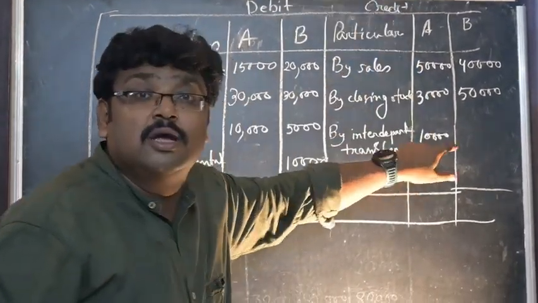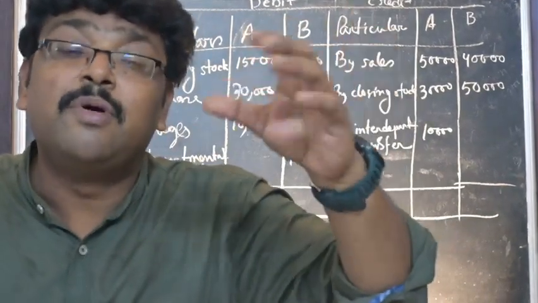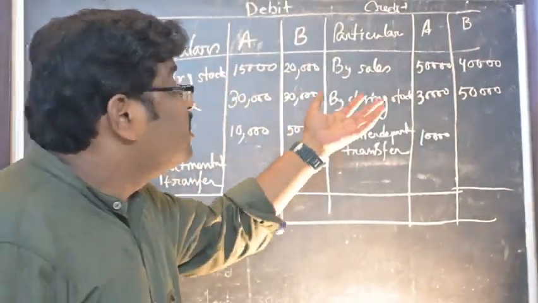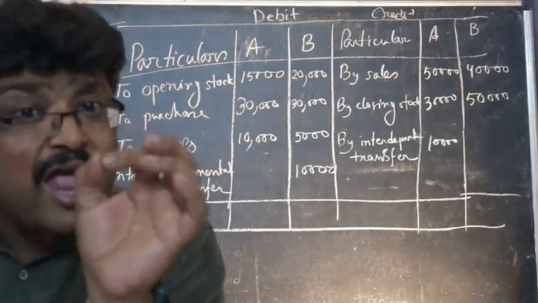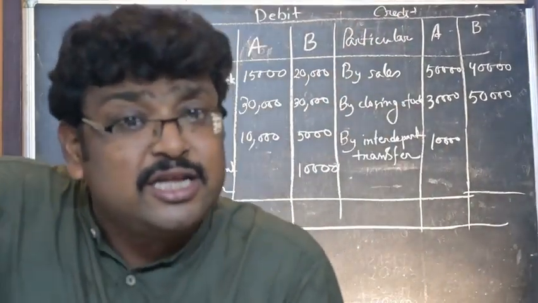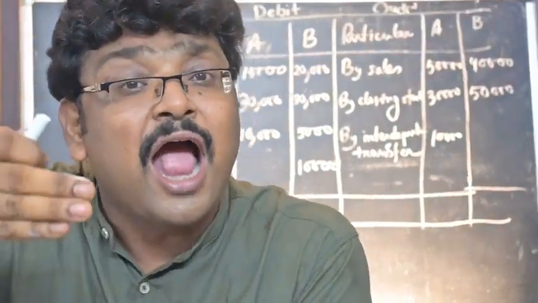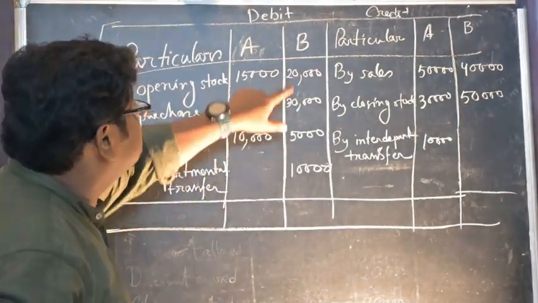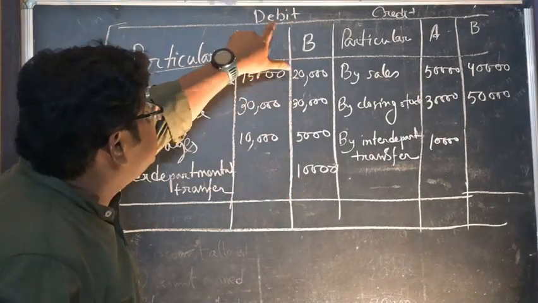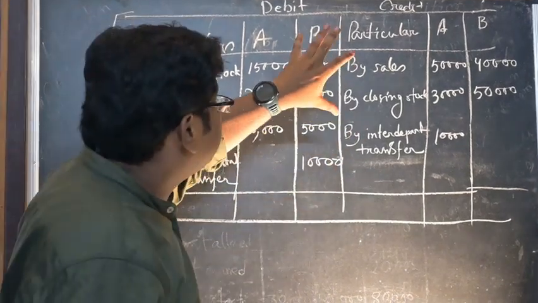And it is a purchase from the side of department B, and as it is an expense and there is an increase in the expense, it should be considered as a debit for department B. So I put the 10,000 for department B on the debit side. So this is the information I have put.